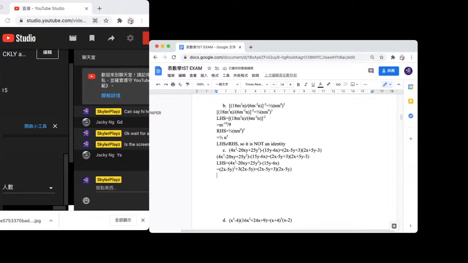For right hand side, what we will do is to simplify. Oh, we don't need to simplify. As we can see, both sides are in factorized form, and we can easily conclude that left hand side is not equal to right hand side.